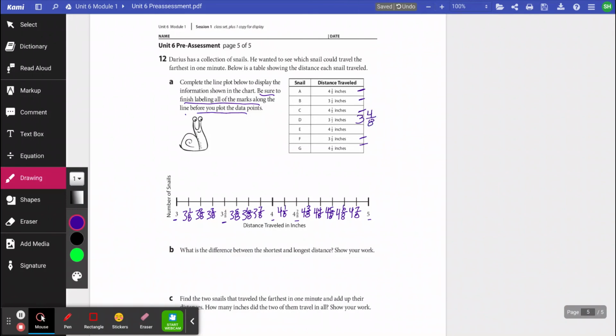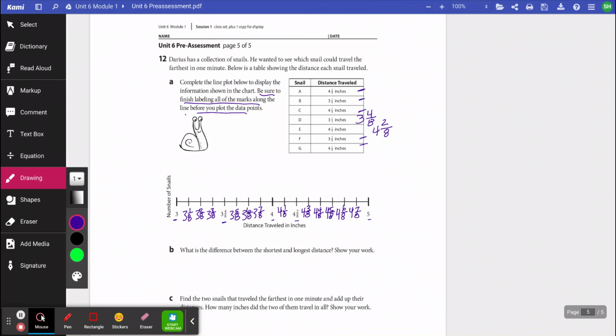And then over here, 4 and a fourth, if I figure out the denominator to be 8, I would say that is 2/8, because I would just double the top and double the bottom. So 4 and 1/4 is the same as 4 and 2/8. So now I know where to put them on this line.